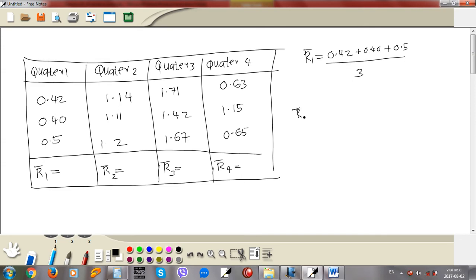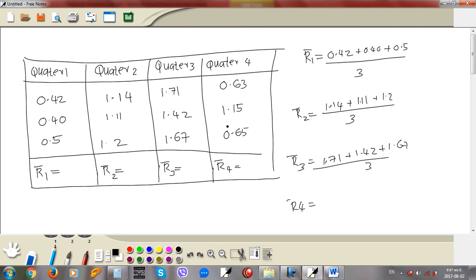R bar 2 is 1.14 plus 1.11 plus 1.2 divided by 3. R bar 3 is 1.71 plus 1.42 plus 1.67 divided by 3. R bar 4 is 0.63 plus 1.15 plus 0.65 divided by 3.